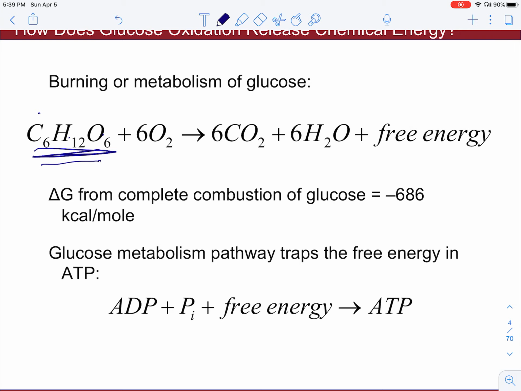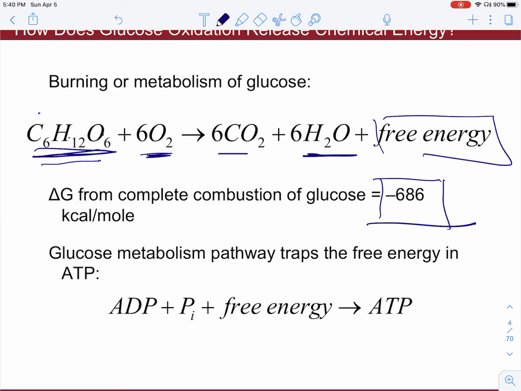So you have your sugar in the presence of oxygen breaks down to carbon dioxide and water and releases energy. The energy from the complete breakdown of glucose is 686 kilocalories per mole, but we will see that we only capture about a quarter of that energy in that process.